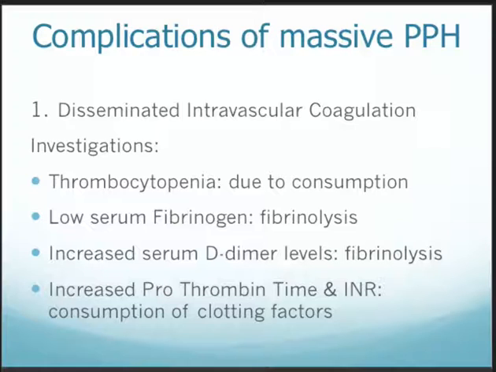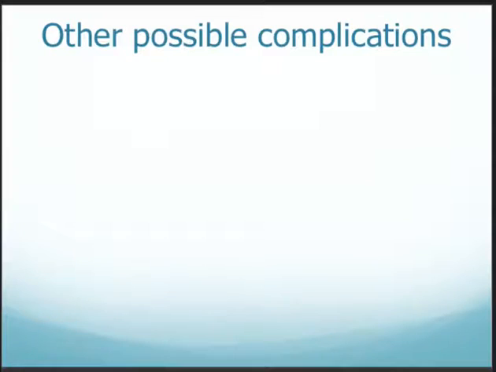However, the serum D-dimer level, so the fibrinogen degradation products, are high, and we can see increased prothrombin time and INR due to consumption of clotting factors. So these things we can find out sending blood to the laboratory, and our ROTEM machine gives an answer to all these 4 items almost instantaneously.